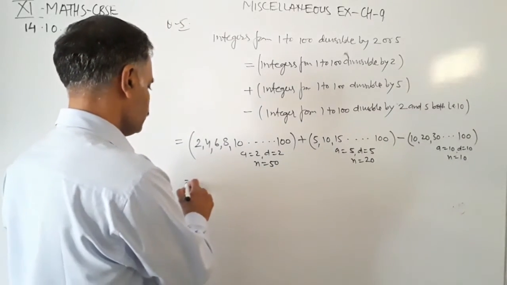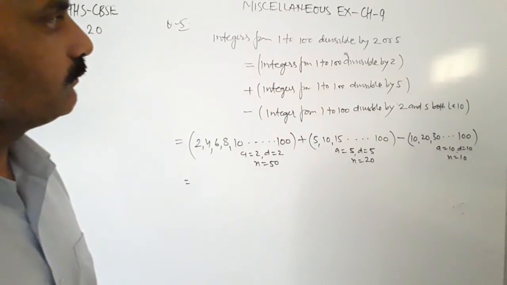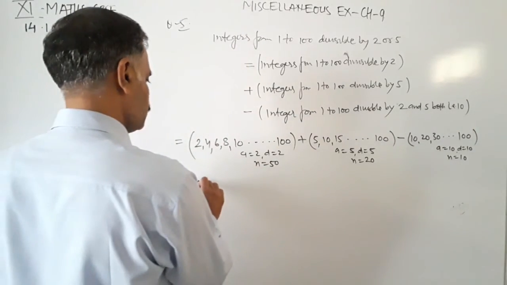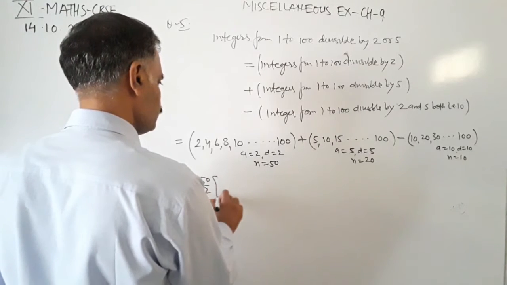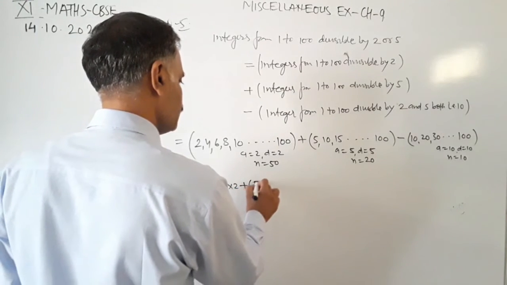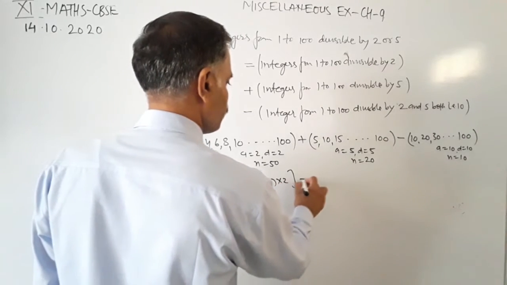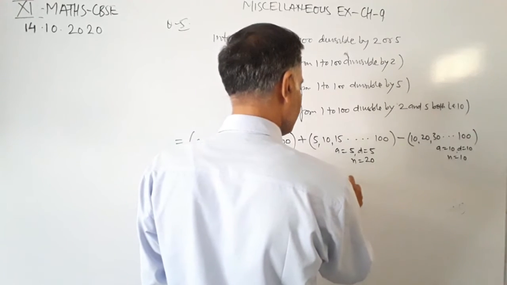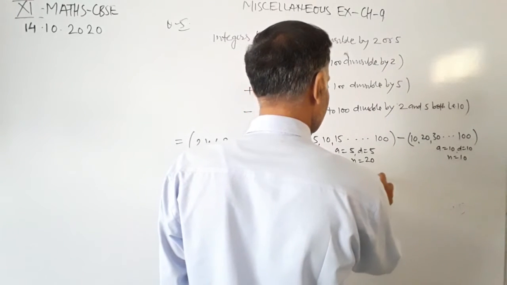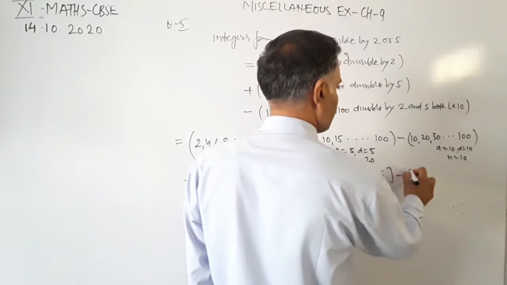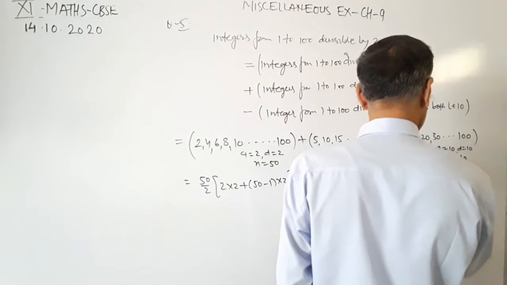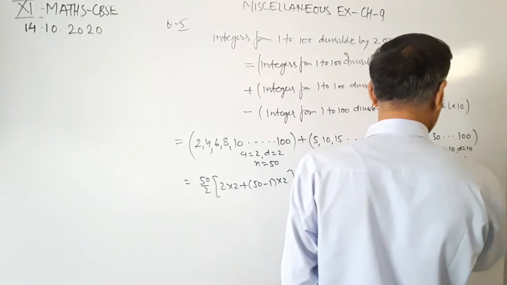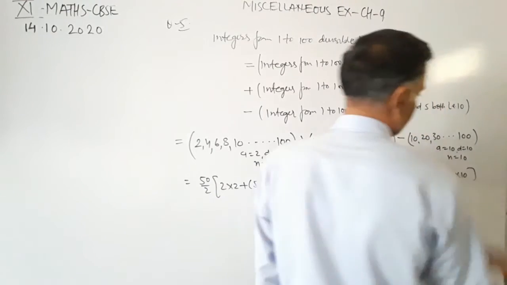Now sum of these using arithmetic progression. Sum of an arithmetic progression up to n numbers: 50 by 2 into a plus 50 minus 1 into 2, plus 20 by 2 into 5 plus 20 minus 1 into b, that is 5, minus 10 by 2, 2 into 10 plus 10 minus 1 into d, that is 10.